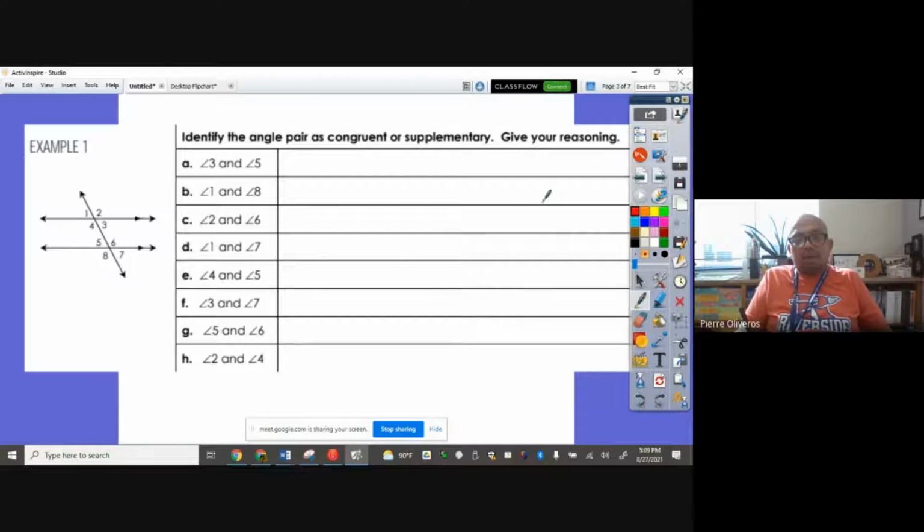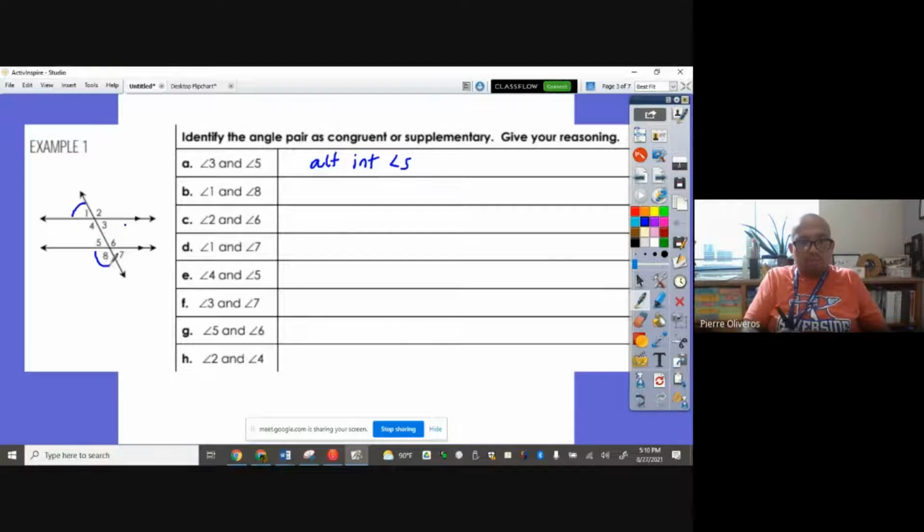So let's go ahead now on this problem here. Identify the angle pair as congruent or supplementary. Angles 3 and 5. We know this is 3, that's 5. They are alternate interior angles, because if you remember, alternate means they are separated by the transversal line, and they're inside, so that's why it's interior. Next, 1 and 8.